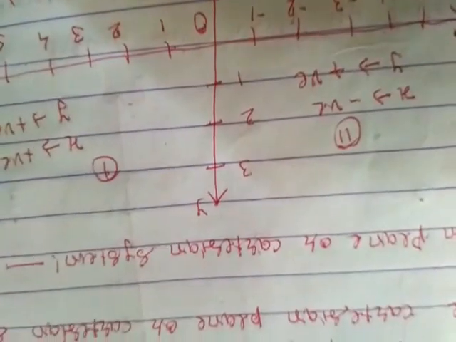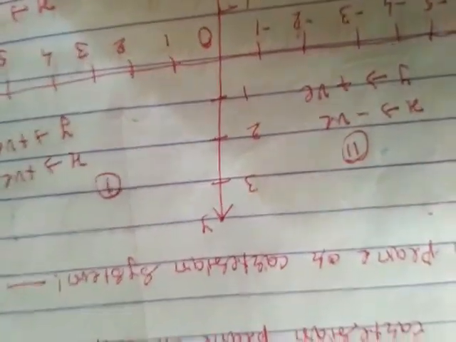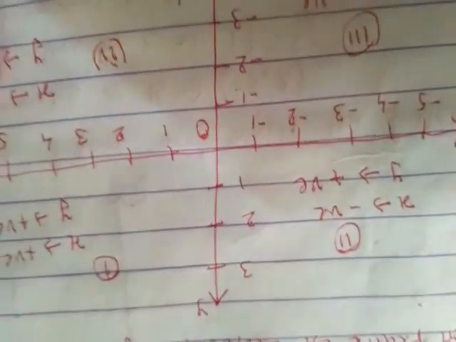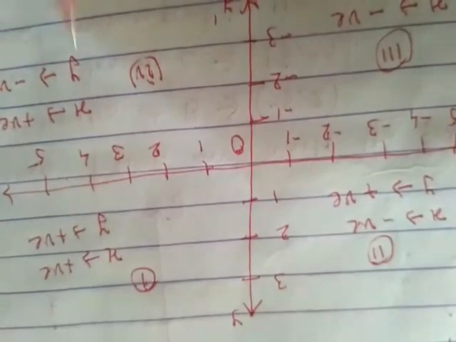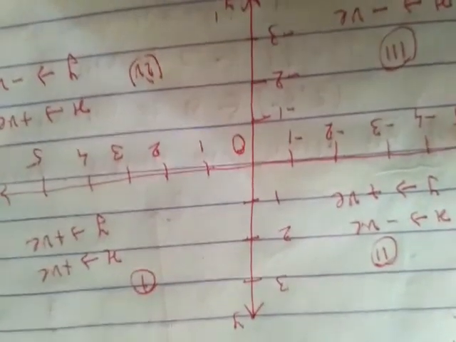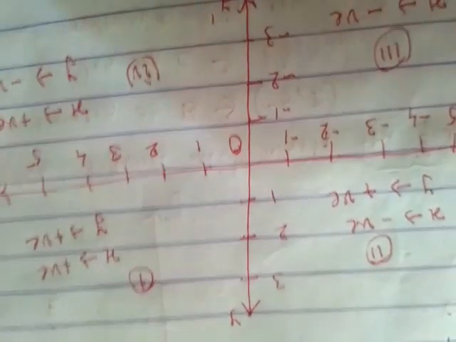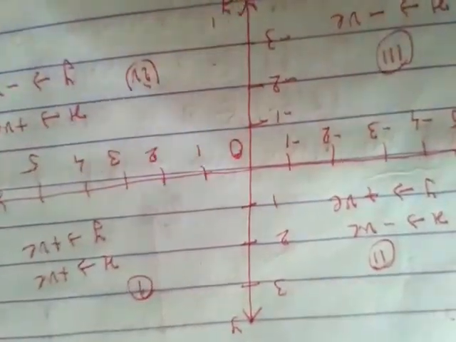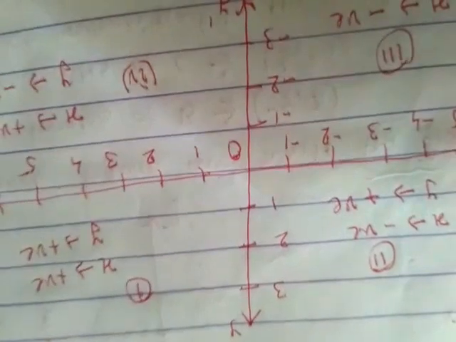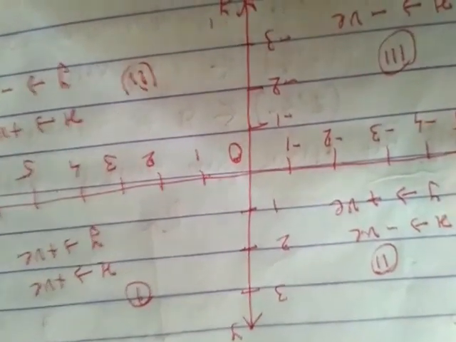Students, while locating anything, we need some reference point. So, in coordinate geometry, we use the x-axis and y-axis as reference lines.